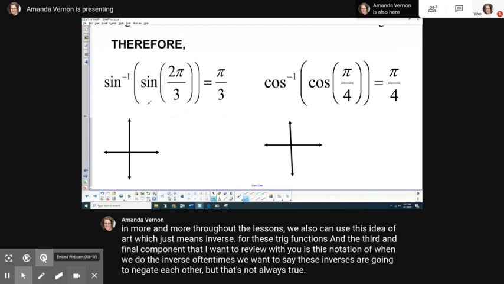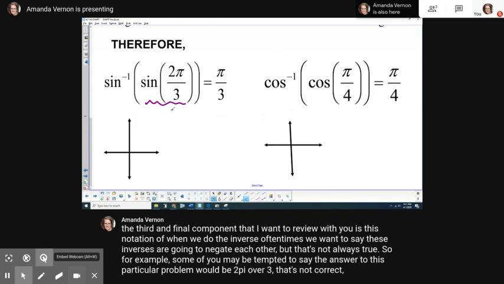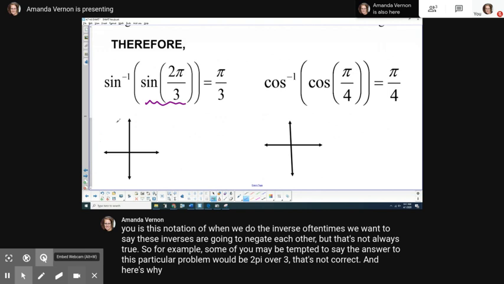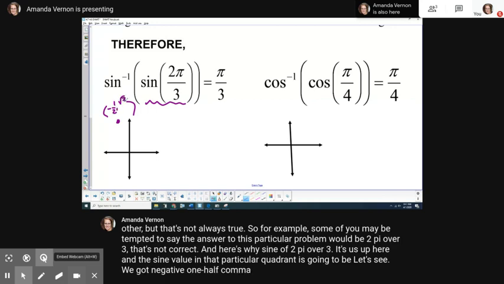So for example, some of you may be tempted to say the answer to this particular problem would be 2 pi over 3. That's not correct, and here's why. Sine of 2 pi over 3 puts us up here. And the sine value in that particular quadrant is going to be, let's see, we got -1/2 comma √3 over 2.